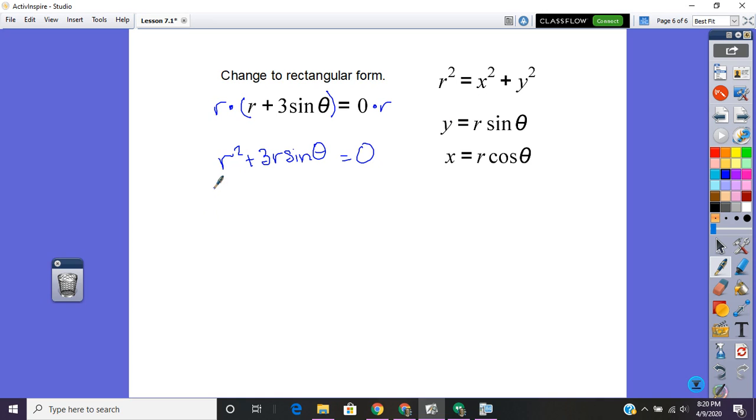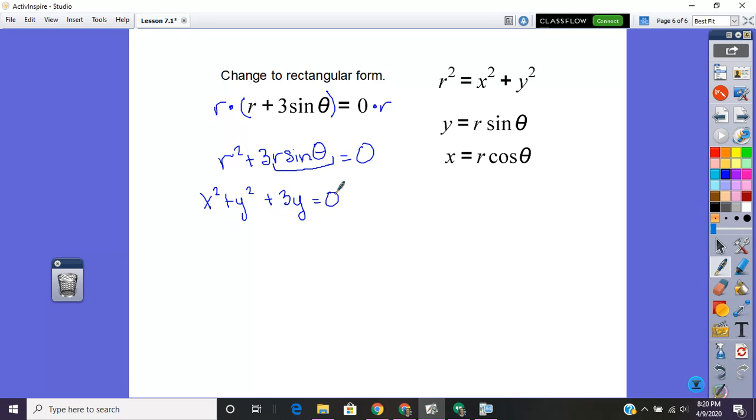I have an r squared. Well, r squared in rectangular form is x squared plus y squared. Okay. I also have a 3 and then an r sine theta. Well, I know r sine theta is y. So I'm going to leave the 3 alone and just change this to y, which makes this a plus 3y.